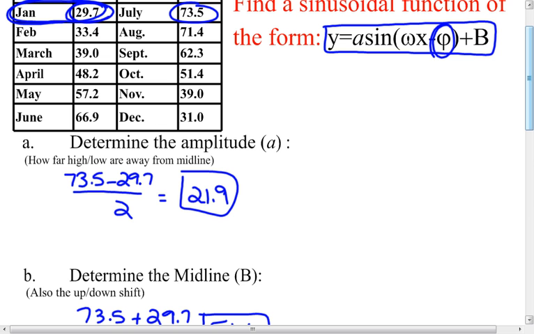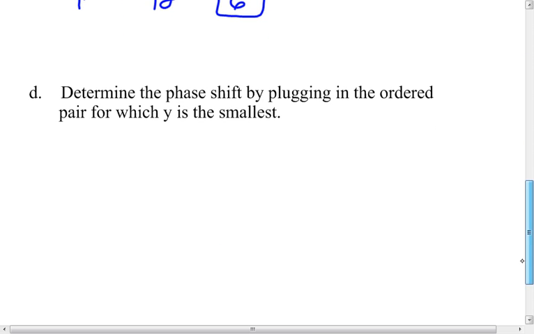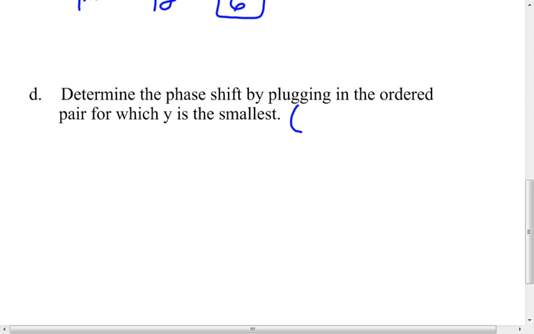Our y value is 29.7. January you're going to call month 1. And so you're going to make a little coordinate out of this that goes 1, comma, 29.7. And that's the coordinate you are going to use when you are calculating your phi. The y value that is the smallest. So month 1, temperature 29.7 in this case.